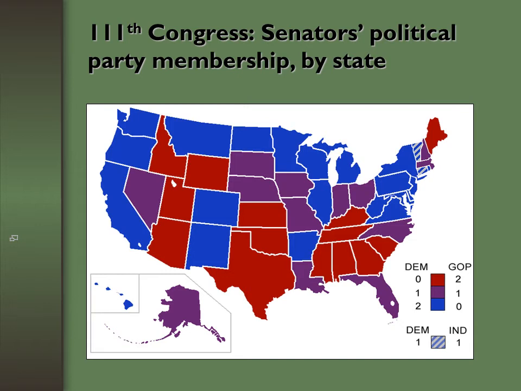We're looking at Washington, Oregon, and California. Democrats can also be found in the Northeast, in the New England area, as well as the Rust Belt states. Look at Pennsylvania, Ohio, Indiana, Illinois. The Great Lakes states tend to lean a little bit more Democrat as well.